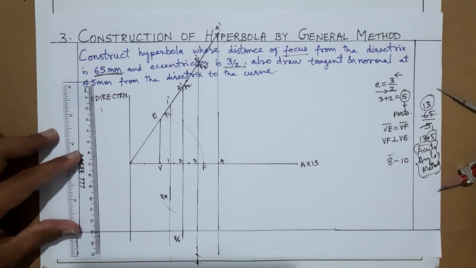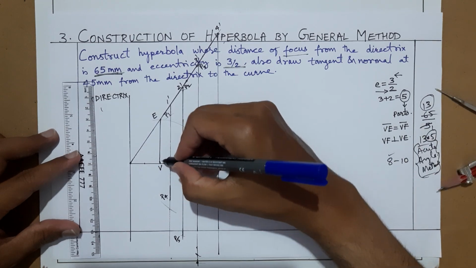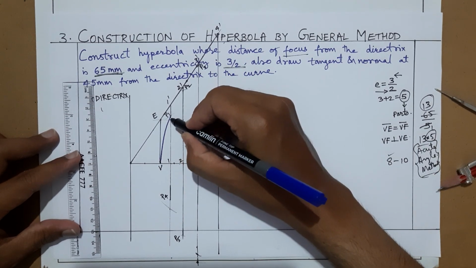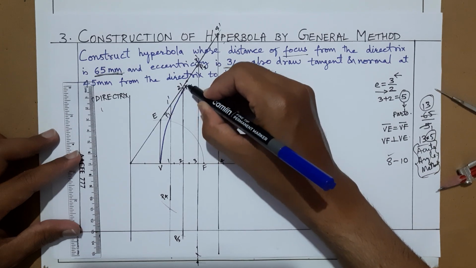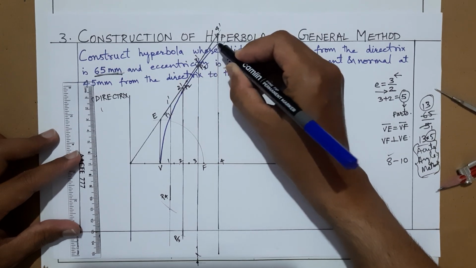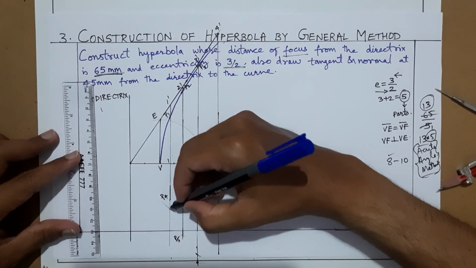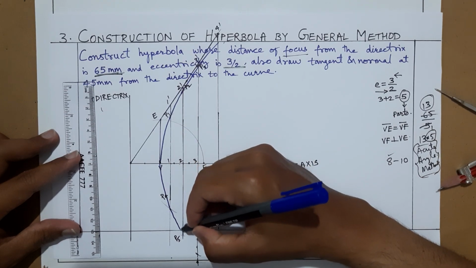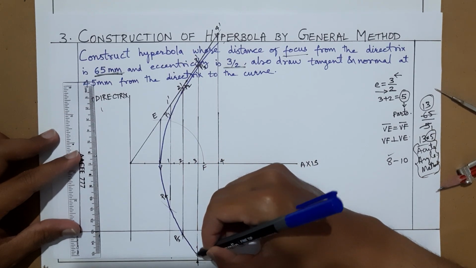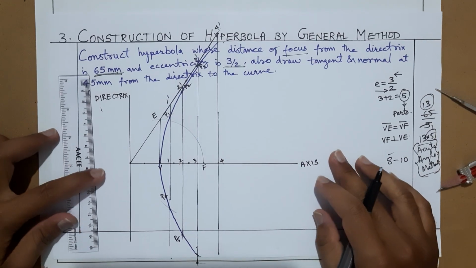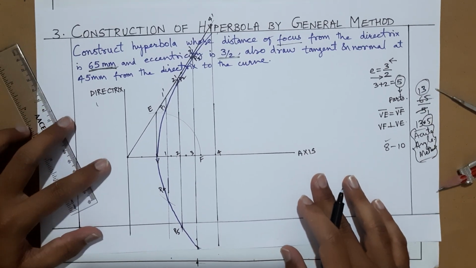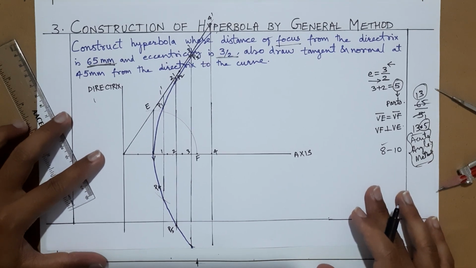From the vertex V, you have to join all the points with a freehand smooth curve. And it goes beyond. And here also you'll be drawing a freehand smooth curve from the vertex like this. Okay, this is a little downside here which you may not be able to see, or if you are able to see then that's very nice.